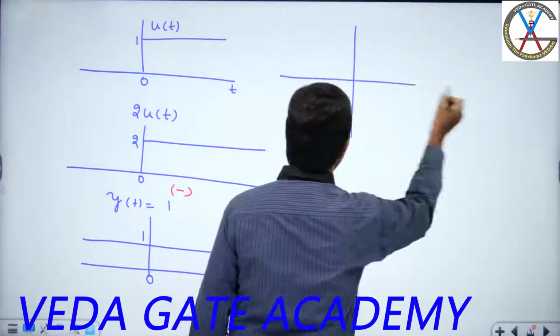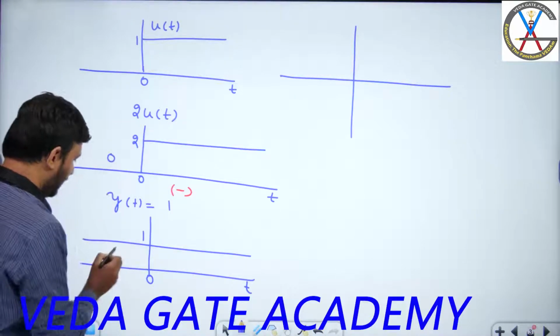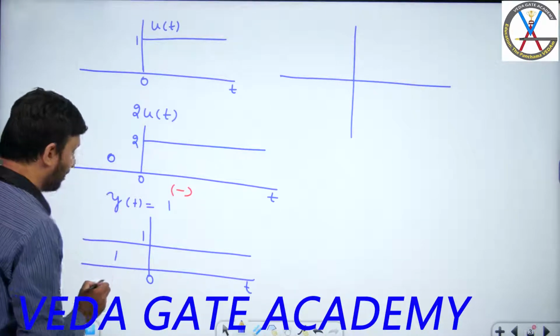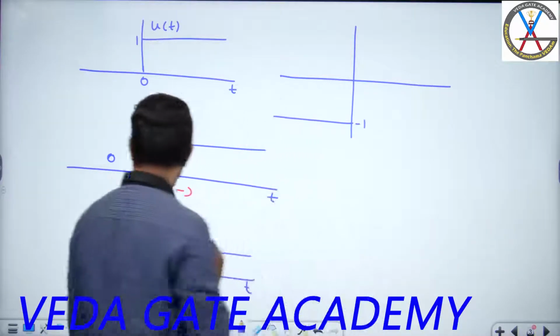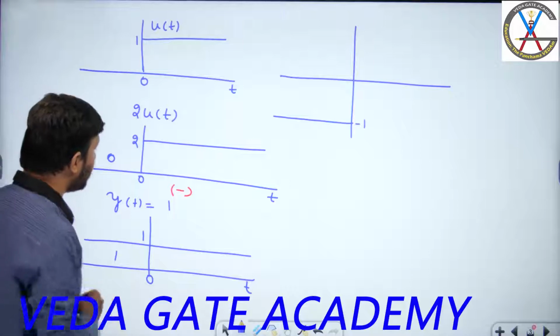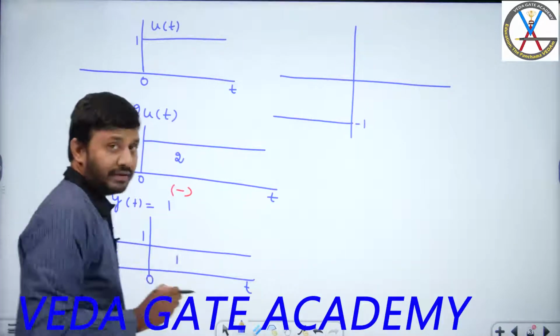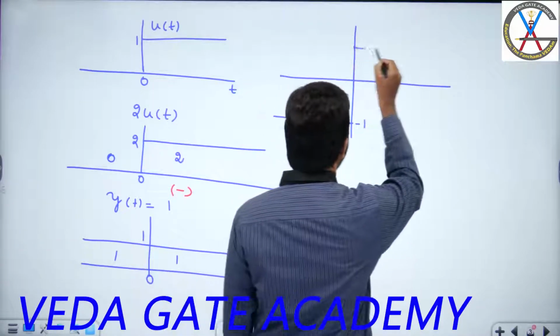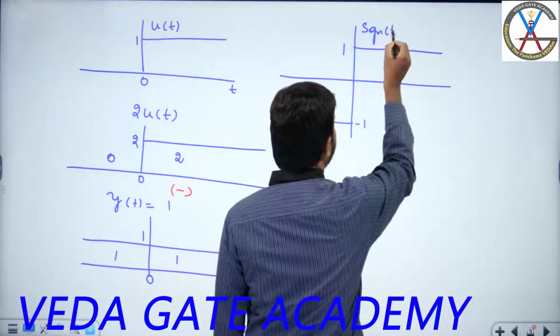So if you observe, for t less than 0, this value is 0, this value is 1. 0 minus 1, minus 1. For t greater than 0, this value is 2, this value is 1, 2 minus 1 is 1. So this is again our signum of t.